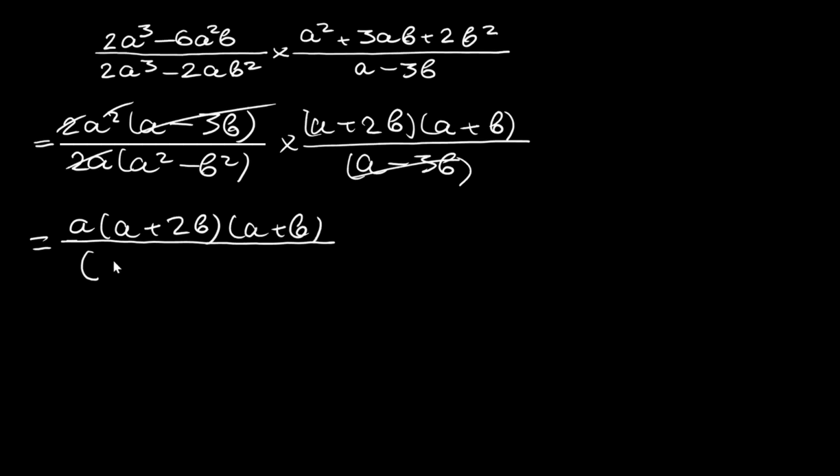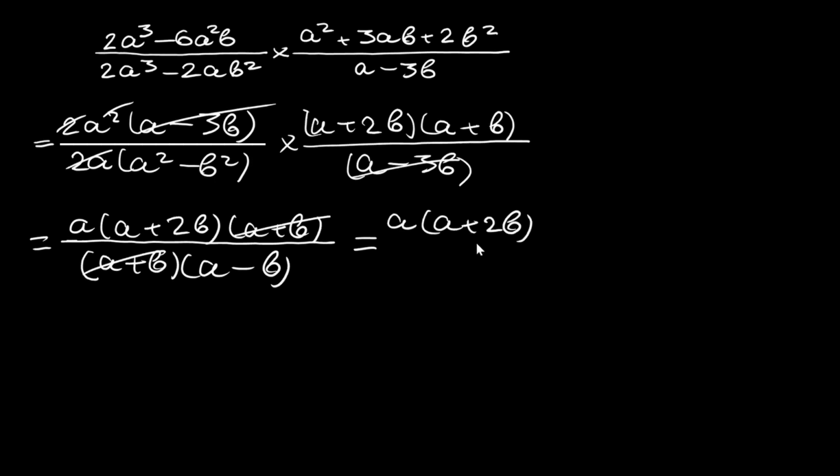And in the denominator, we get a plus b times a minus b, because a squared minus b squared is a plus b times a minus b. And now we see that we have a plus b both here and here, and that's why we can cross them out. And finally, we thus obtain a times a plus 2b over a minus b.